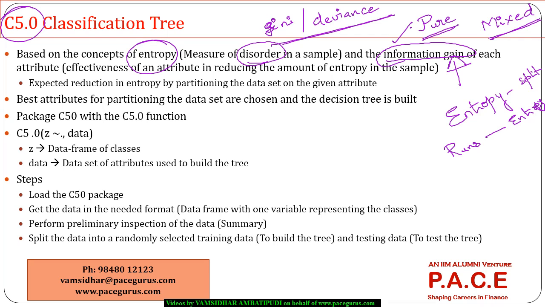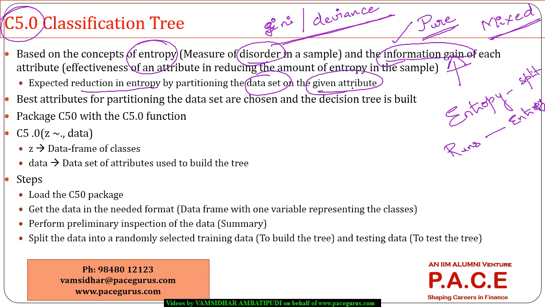So for each attribute, we are going to look at what is the level of reduction in the entropy, what is the level of increase in the information gain by doing the split based on that particular attribute. So what is the expected reduction in the entropy by partitioning the data set on a given attribute? If there is a big reduction in the entropy, it means that that particular variable is contributing very heavily towards the classification.